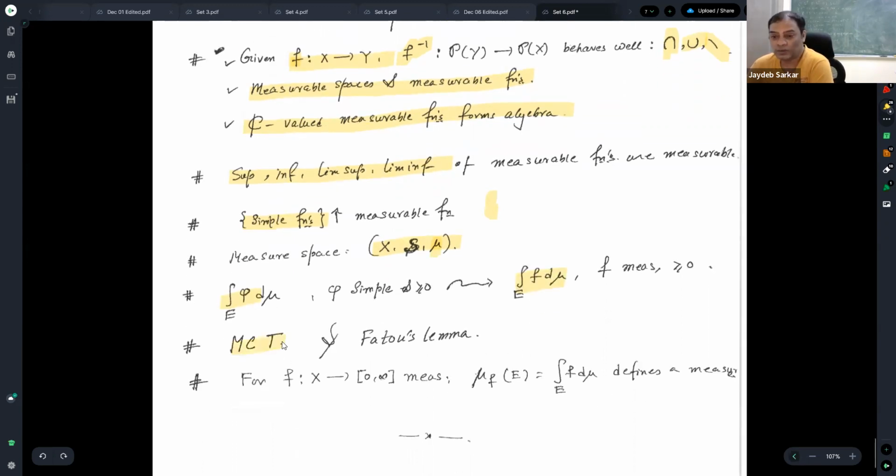Then we talked about two giants, MCT and Fatou's lemma, and finally we proved a very interesting result, which says that if you have a measure and a measurable function, you can always come up with a new measure. This is what I called new from old. And that's where we stopped for these six lectures.